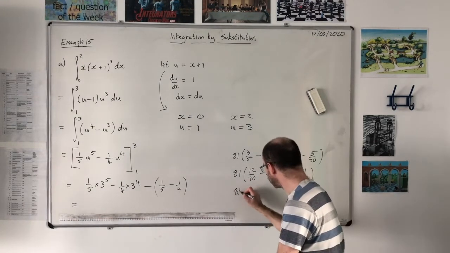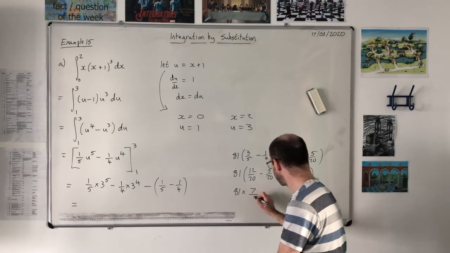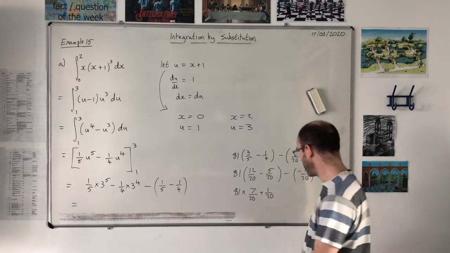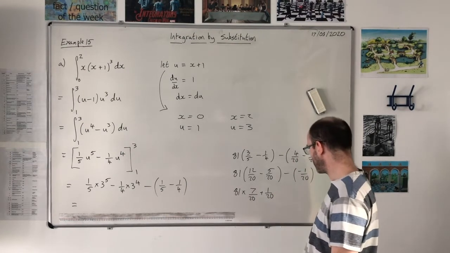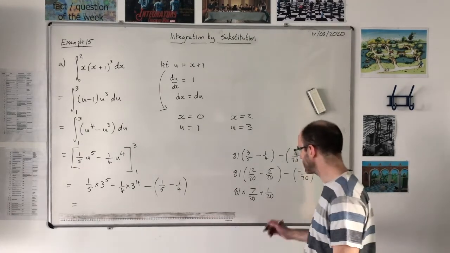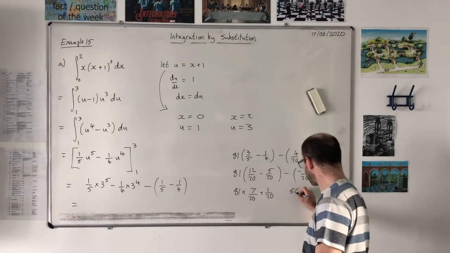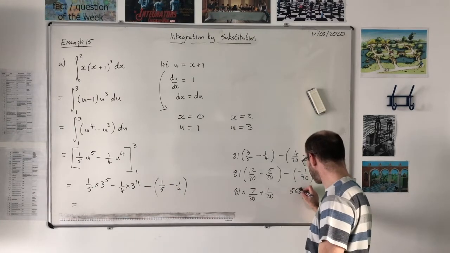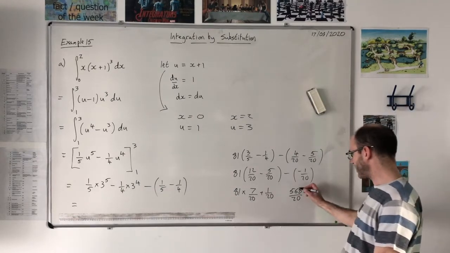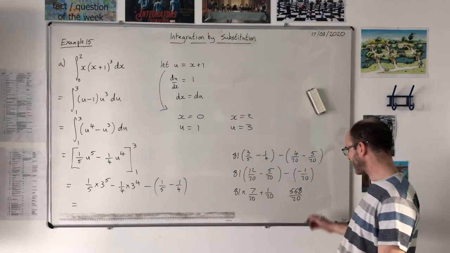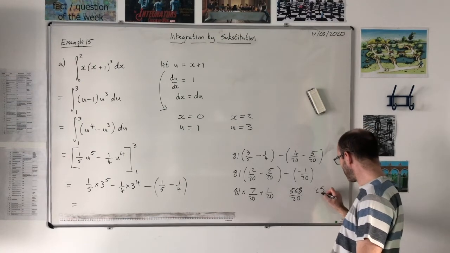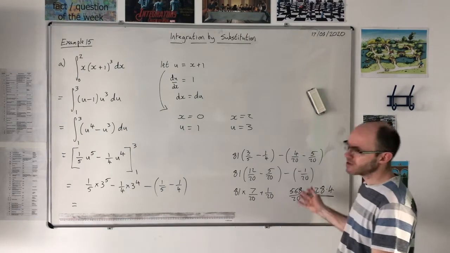Yeah, 81 times 7 over 20, subtract negative 1 over 20, so plus 1 over 20, okay? So 81 times 7, that's going to be 567, plus 1, 568 over 20. Divide that by 2, 284, divide by 10, 28.4. That's what I reckon the answer is.